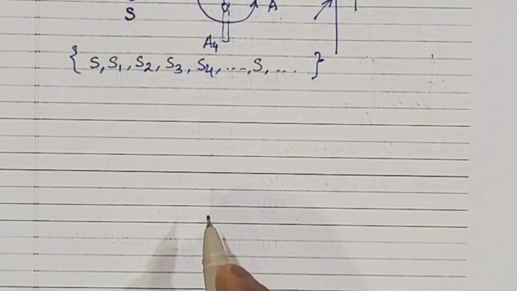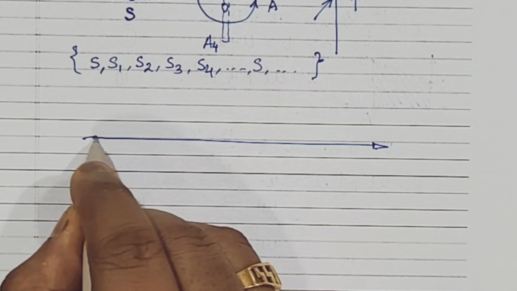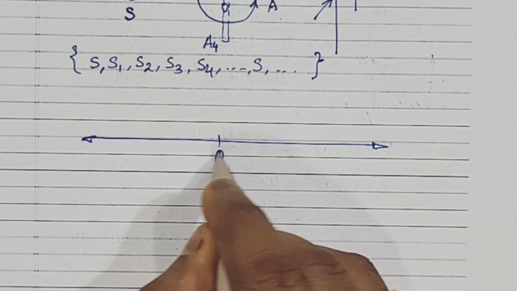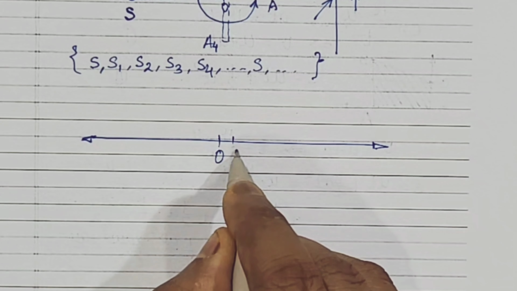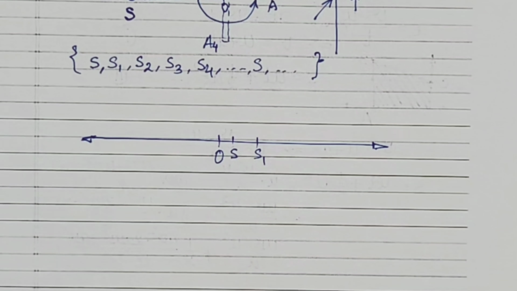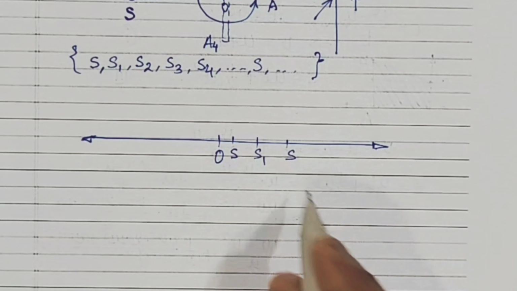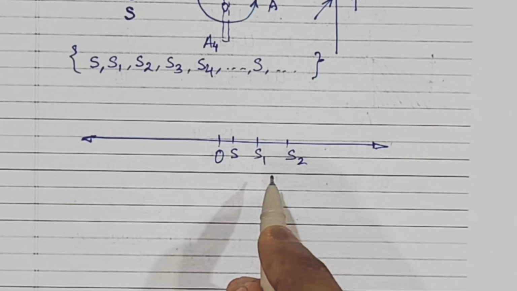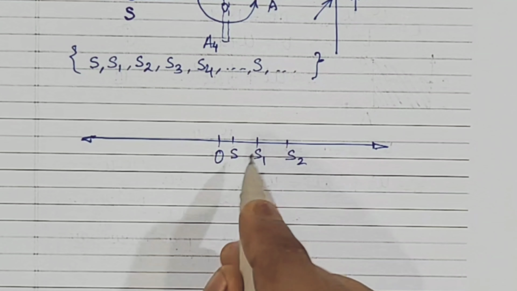Let us plot these on the real number line. This is 0. So we had a very small number S. It increased to S1, S2, S3 is again a shorter one, but as per our diagram, it is somewhere between S and S1.